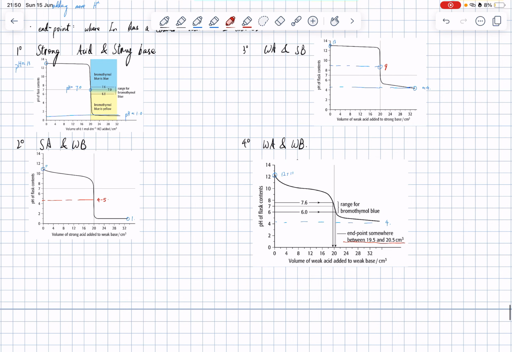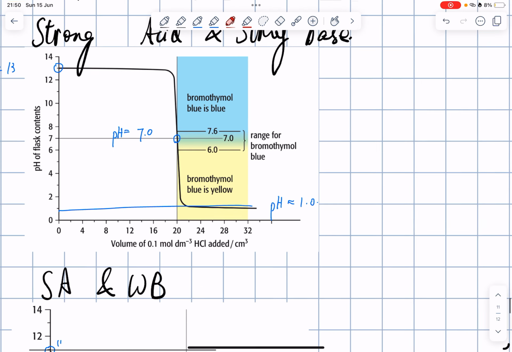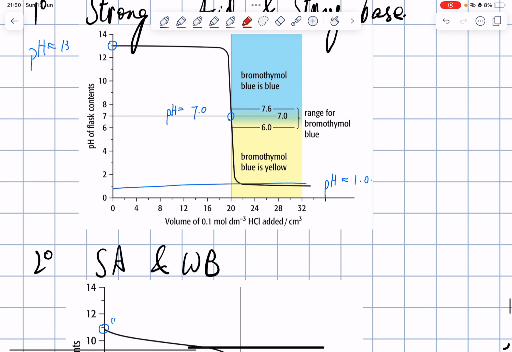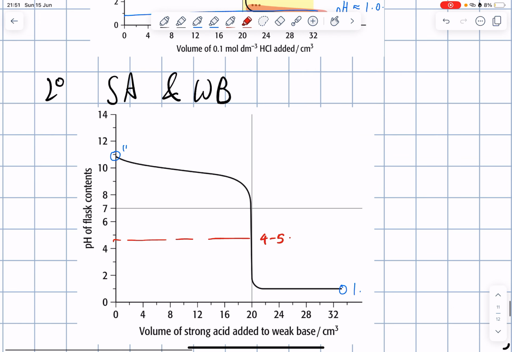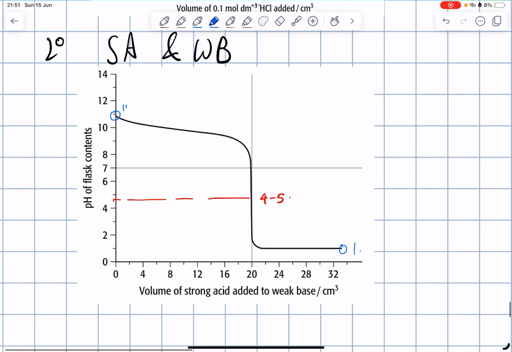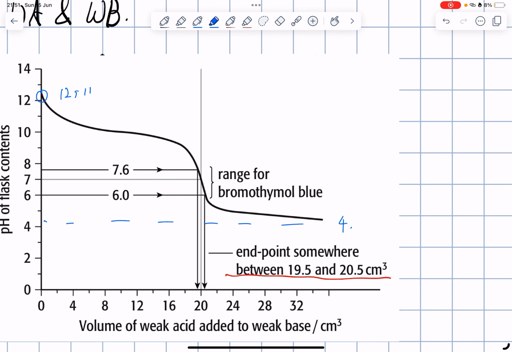So okay, now when you see those 4 S-curves, you will see that for strong acid or base you have to draw it horizontally, and for weak bases or acid we have to draw it with some gradient. And you see here, weak acid and weak base, we have 2 gradients here.